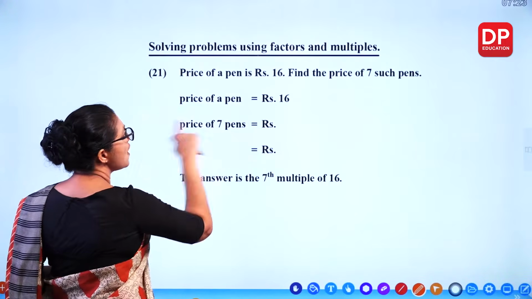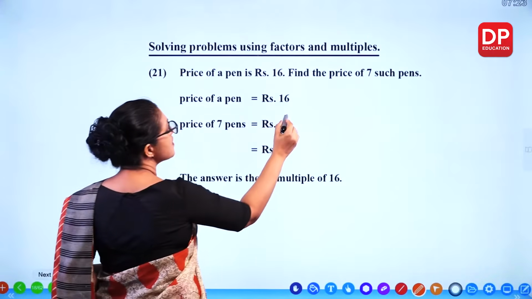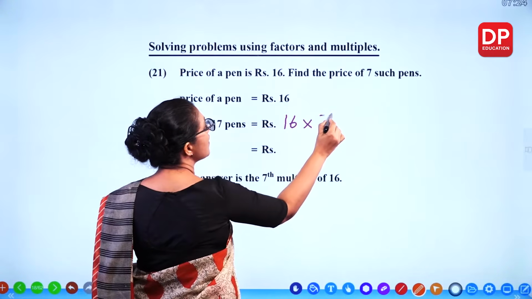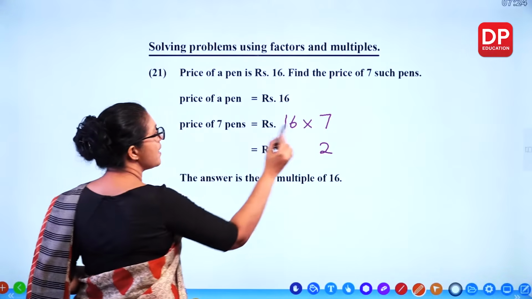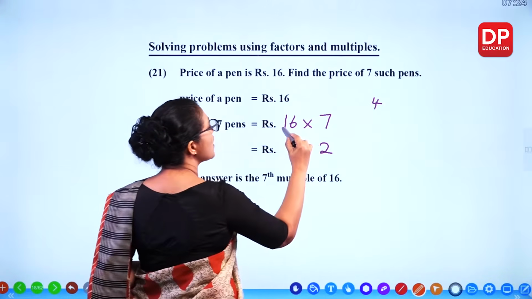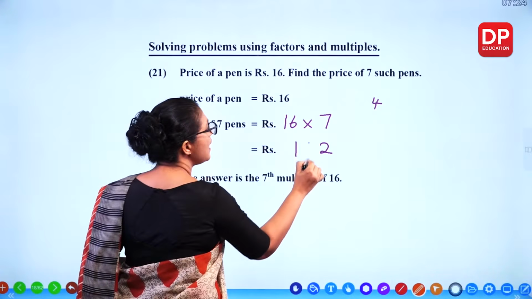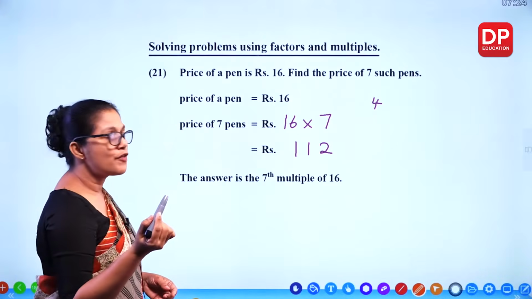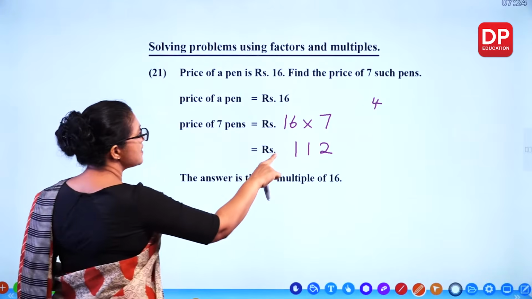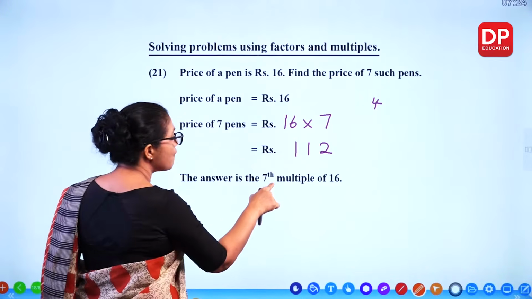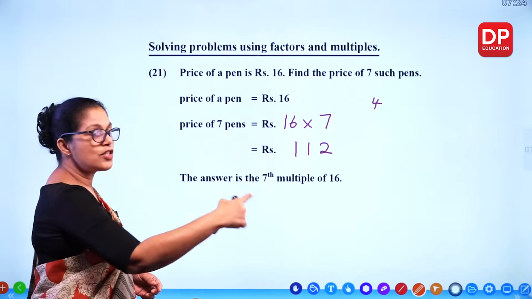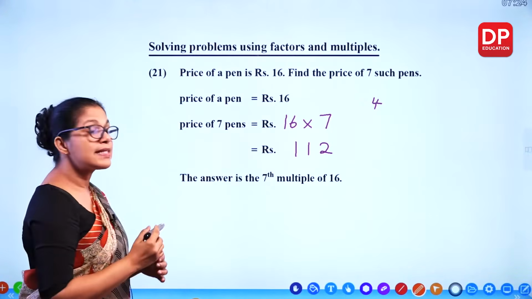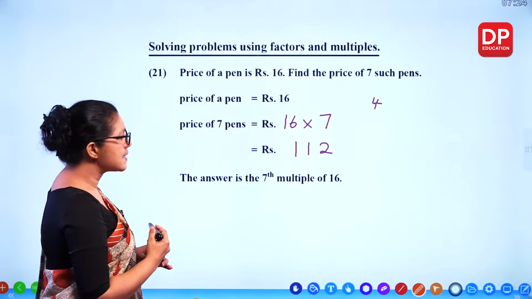So price of 7 pens, 16 times 7. 7 times 6, 42. 4 remaining. And 7 times 1, 7 plus 4, 11. So 112 rupees. So what's this answer? That's the 7th multiple of 16. So 16, 32 like that. You take the 7th multiple of 16.